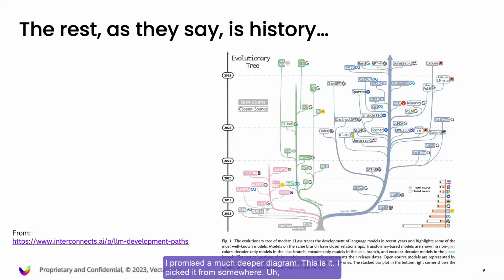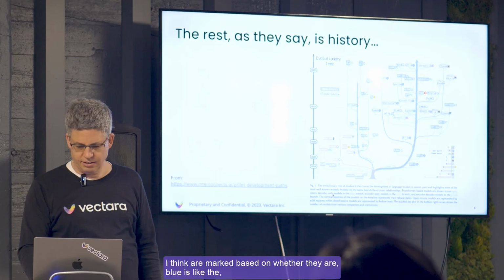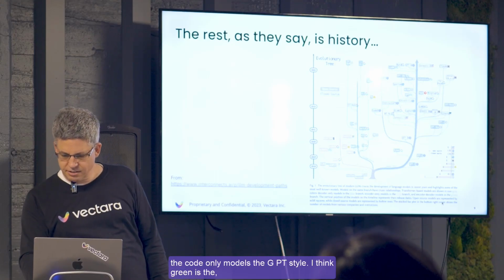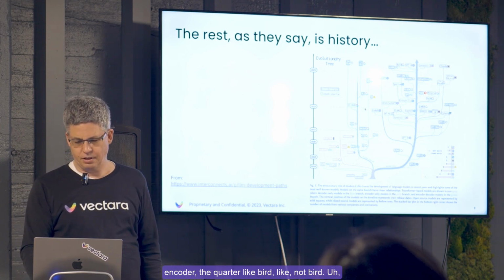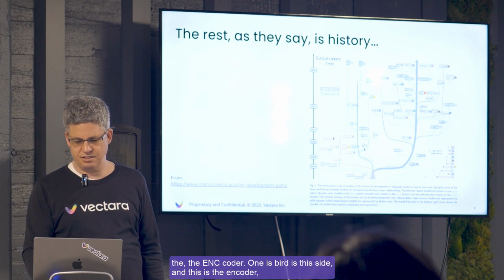I promised a much deeper diagram. This is it. I picked it from somewhere. There are so many models that have been developed, both open source and closed source. The branches here, I think, are marked based on type: blue is the decoder-only models, the GPT style. I think green is the encoder-decoder, and the encoder-only one, like BERT, is this side, and this is the encoder-decoder model.